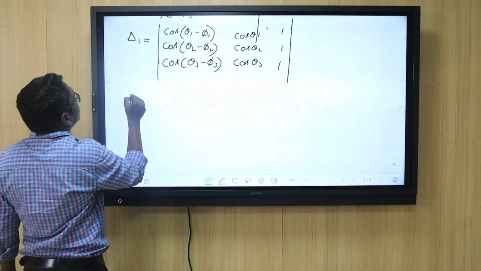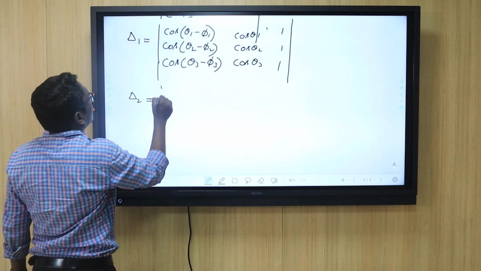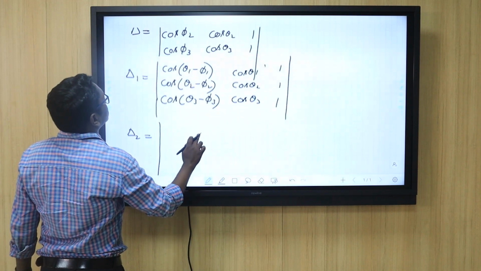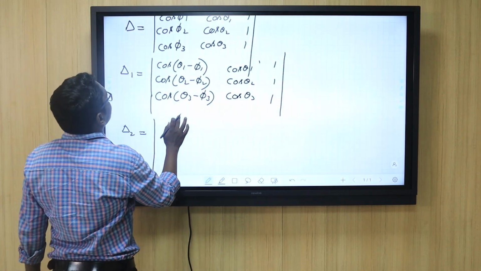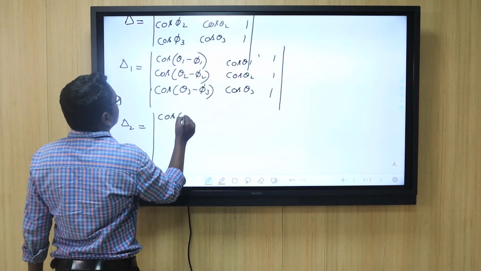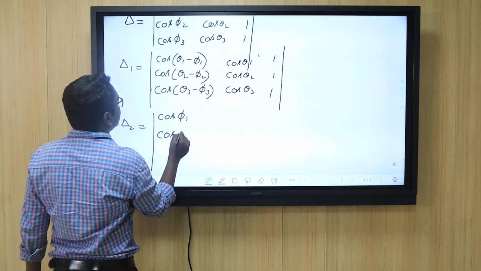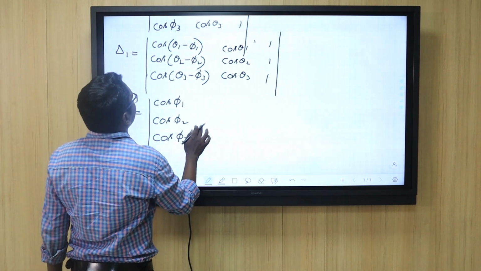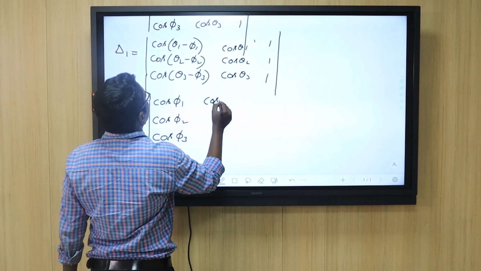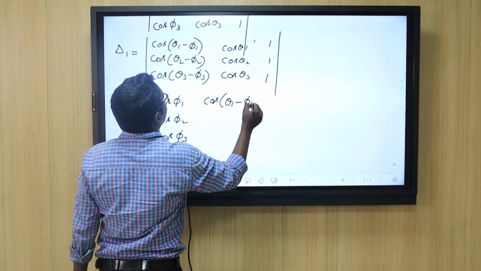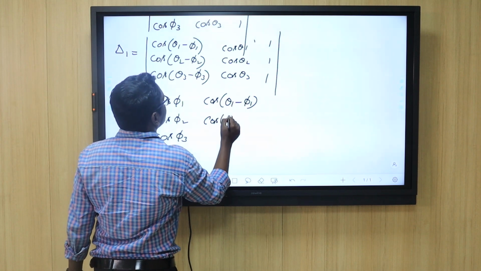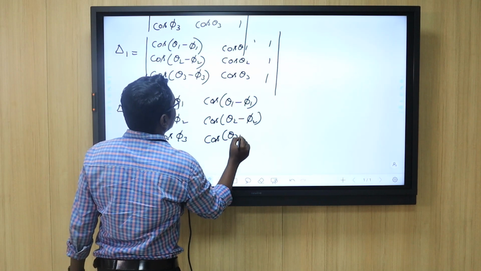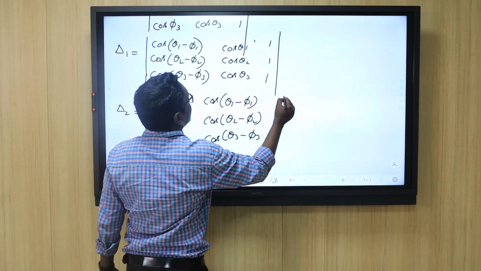So next one is delta 2. So how to write delta 2? Cos phi 1, cos phi 2, cos phi 3, and the second line will be the RHS: cos theta 1 minus phi 1, cos theta 2 minus phi 2, cos theta 3 minus phi 3. And the final line is 1 1 1.